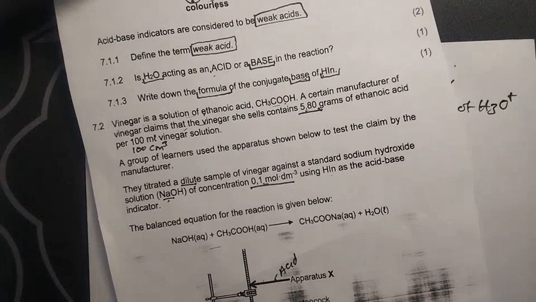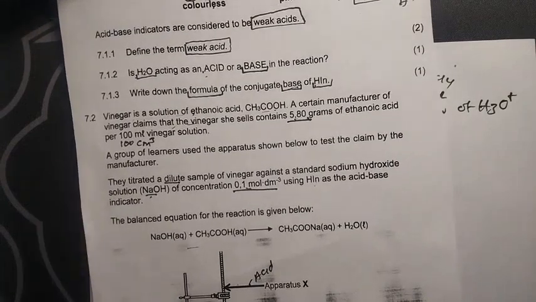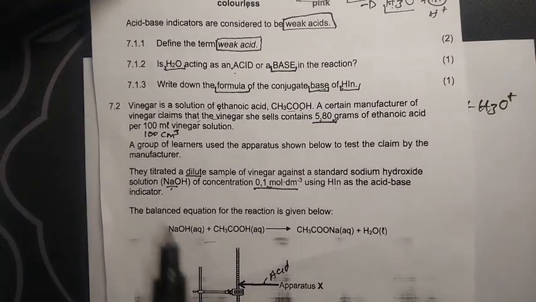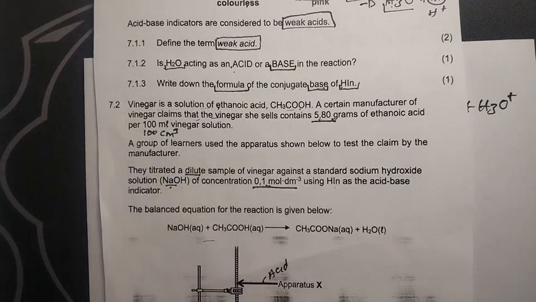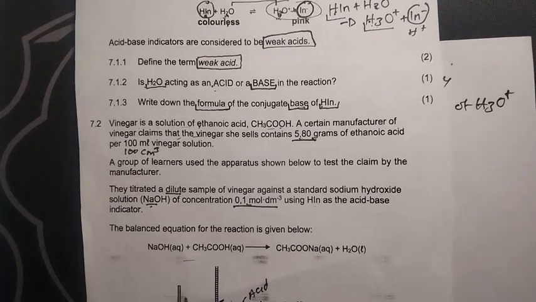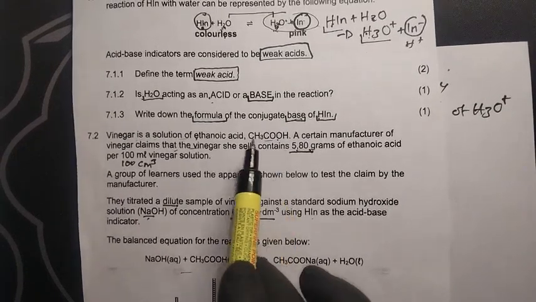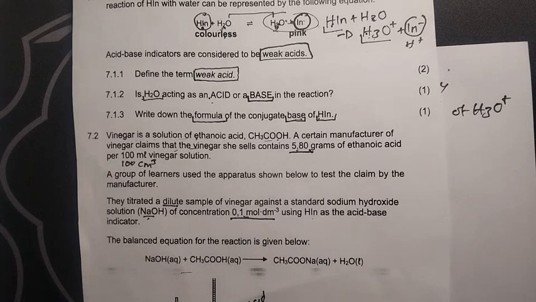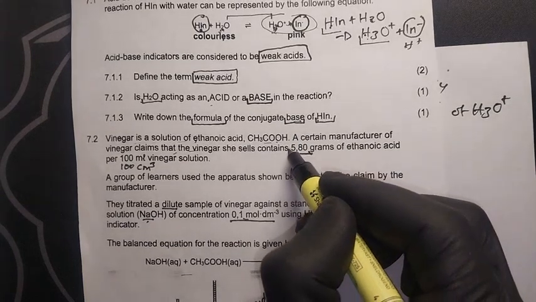Now the next question, let's go through this one together. They say vinegar is a solution of ethanoic acid. Now we have ethanoic acid, CH3COOH. I hope you can see this over here. They say a certain manufacturer of vinegar claims that the vinegar she sells contains 5.80 grams.